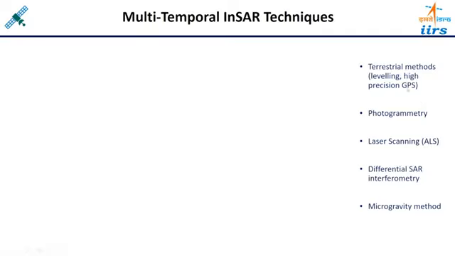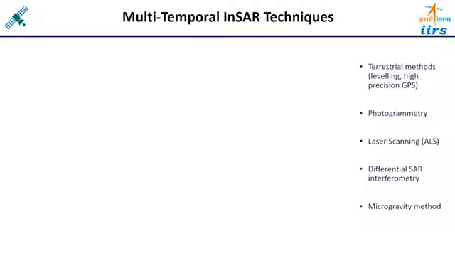Suppose you are putting a GPS somewhere, so it is continuously giving the X, Y and Z and the time of that particular location, and over a period of time you can see how these coordinate values are changing. So you can investigate those, and then understand how that particular point on the surface is going up or down, or moving horizontally in any particular direction.